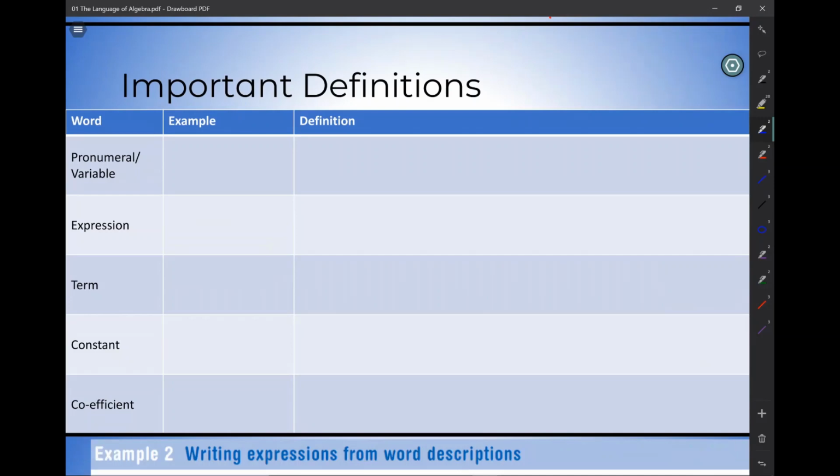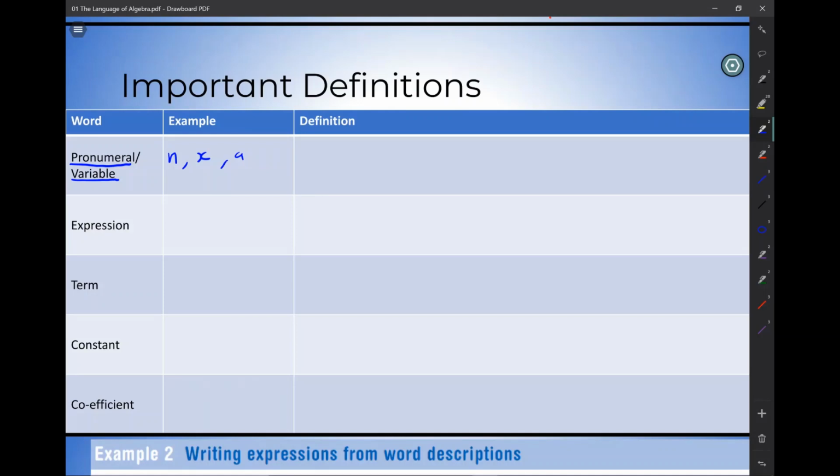Okay, let's look at some important definitions. The name we give to the N is either the pronumeral or the variable. You'll often see X used, sometimes you'll use A, but really we can use any letter of the alphabet.